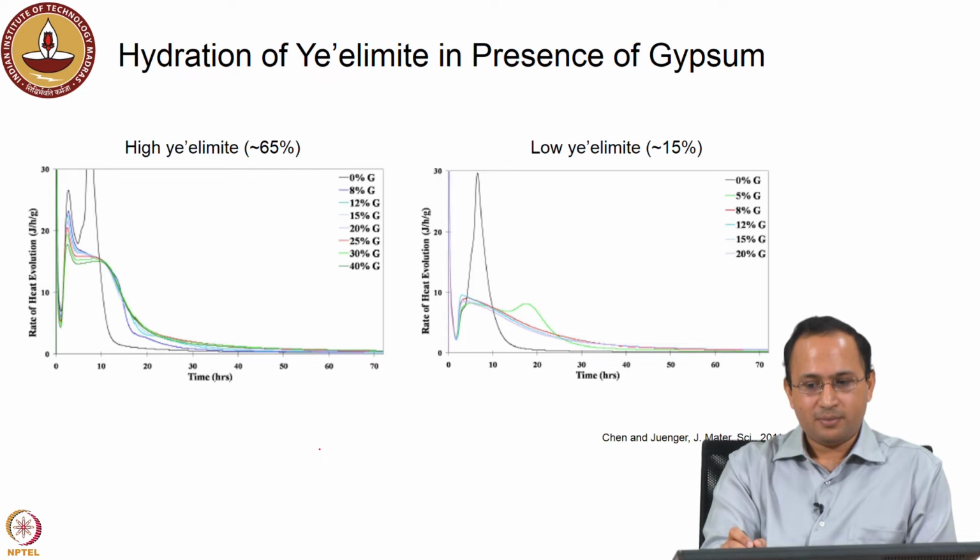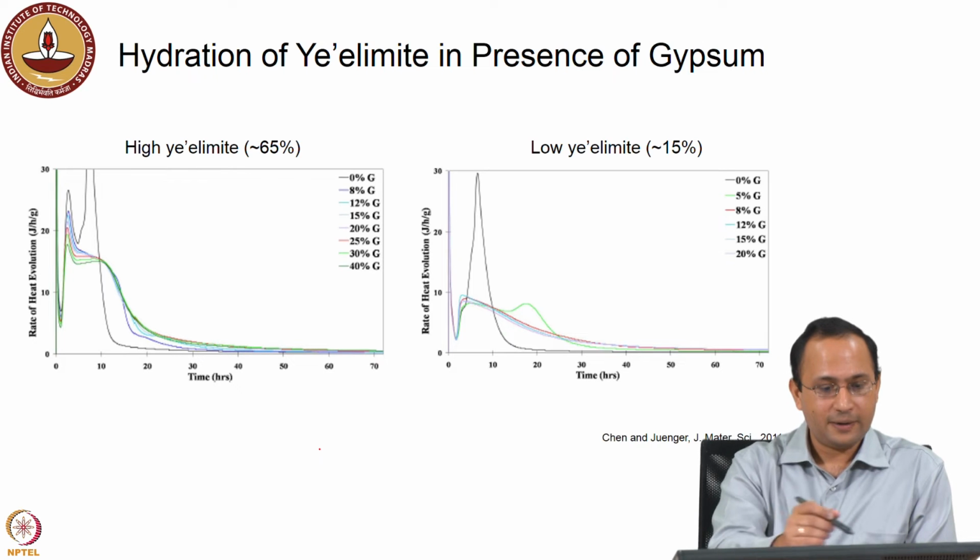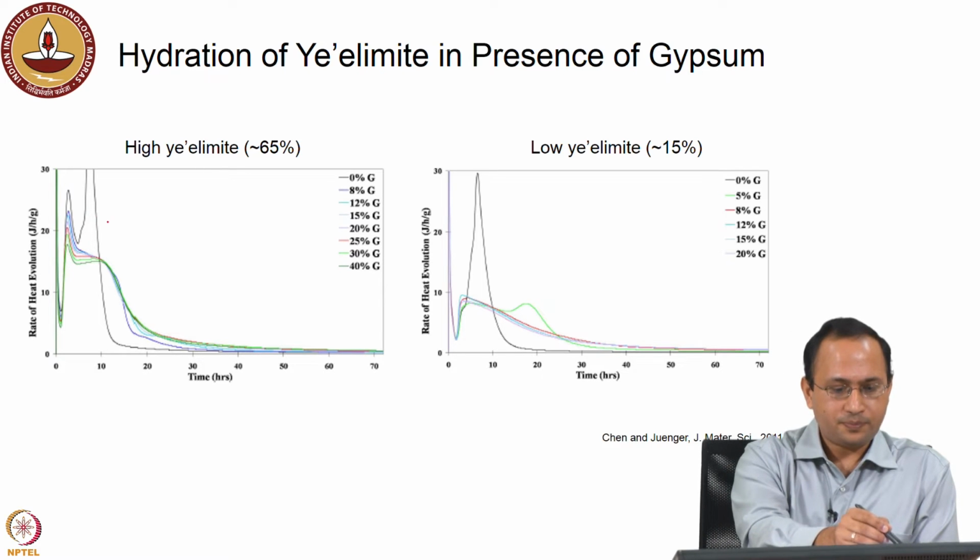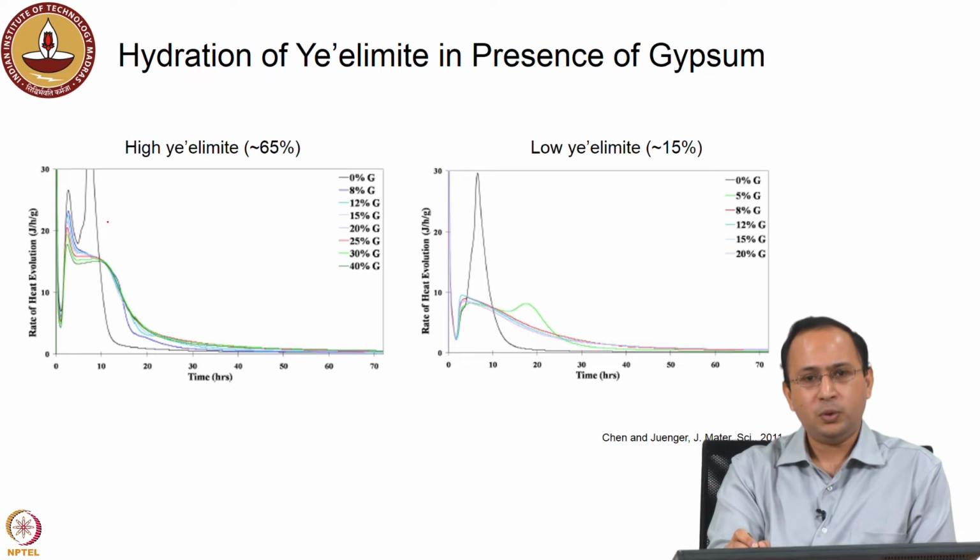Now, since gypsum is an integral part of this cement, it is important to calculate the optimal gypsum. We all know that optimal gypsum for Portland cement is roughly around 3 to 5%, right. So, again isothermal calorimetry can be used to determine this optimal gypsum.